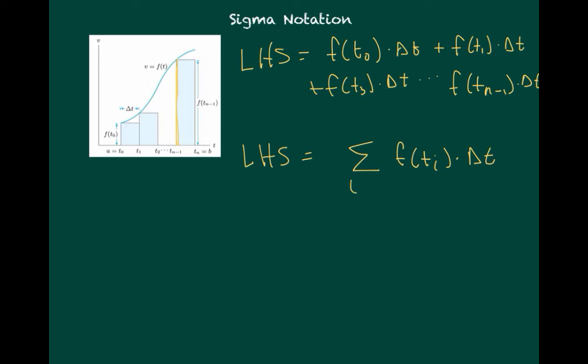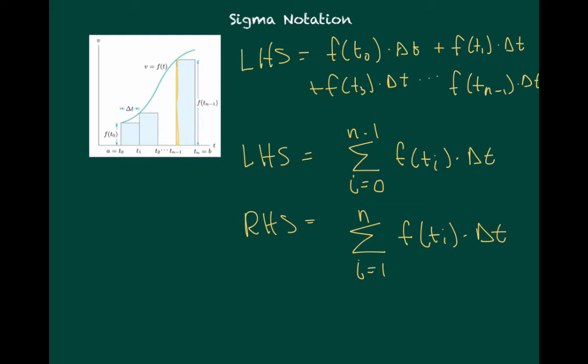But now we're going to start when i equals 0, and we'll add up to n minus 1. So just to remind you, the right-hand sum equaled the sum of areas in the form f of t sub i times delta t. But we were starting, you recall, with i equal to 1 and stopping at n.